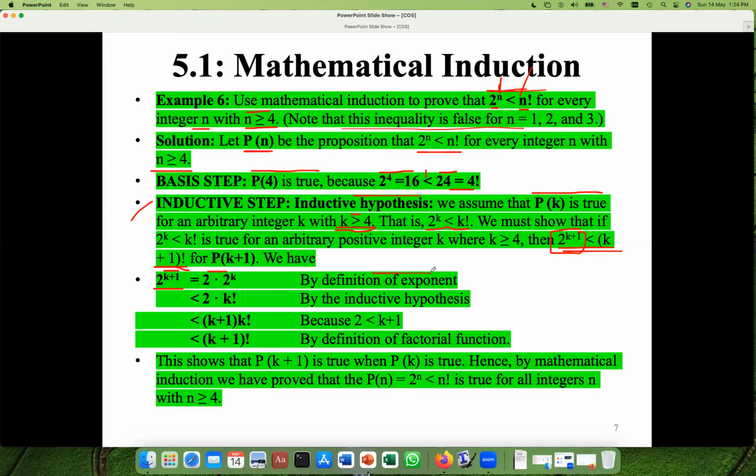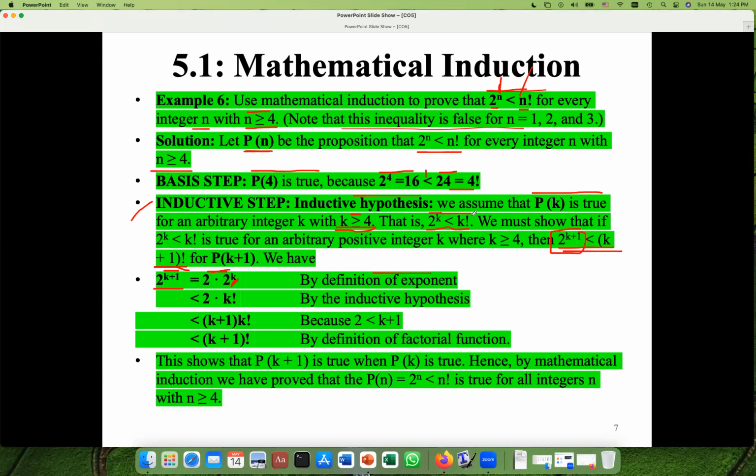So by the definition of exponent, we can rewrite it like that. We have reached this 2 to the power k plus 1, and we want to represent it with 2 to the power k.